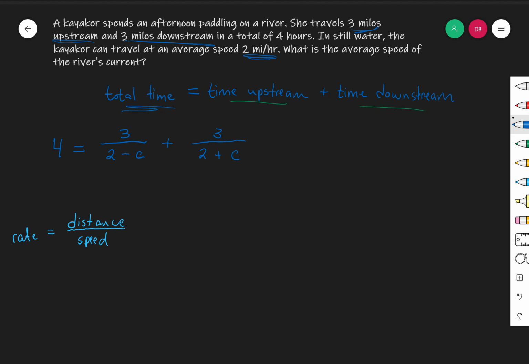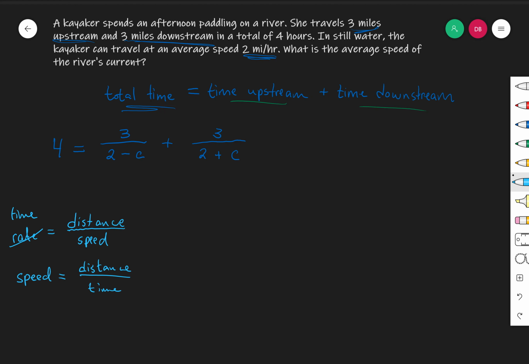Maybe an easier way to think of this is that you've learned in physics that speed or velocity is distance over time, right? So maybe a better way to think of this is time instead of a rate, because it's time upstream and time downstream.